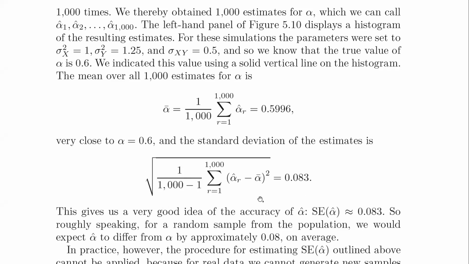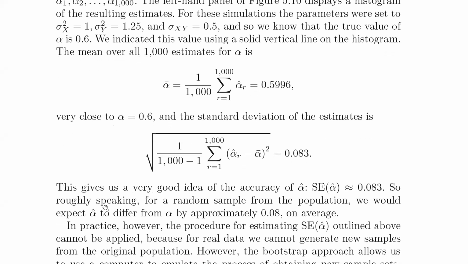Without it, that would be the variance. This gives us a very good idea of the accuracy of alpha hat. The standard error of alpha hat is 0.083.